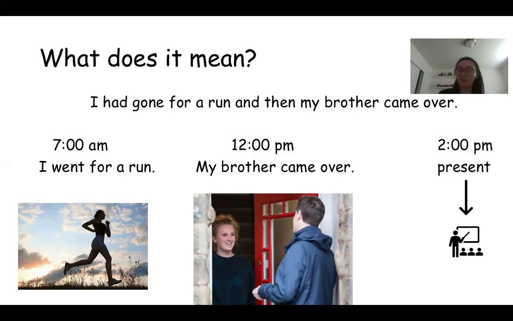So for example, I have the sentence, I had gone for a run and then my brother came over. So I just have times to show you, just to help you understand what this means. So when I say I had gone for a run, means in the past, right? Because I said I had gone. So boom.